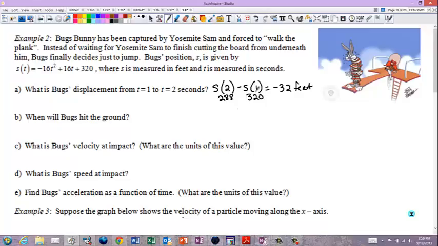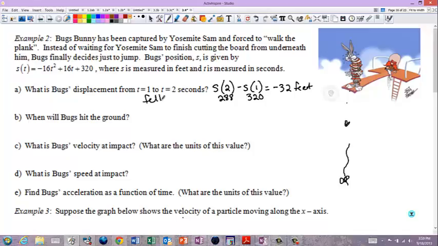At 1 second he was at 320 feet. So he fell 32 feet, and that is his displacement. The negative means that he fell.